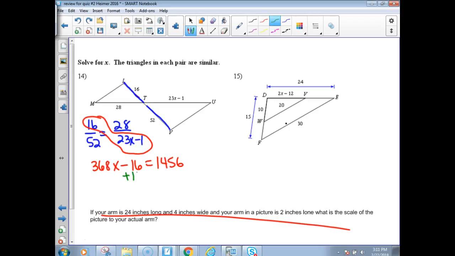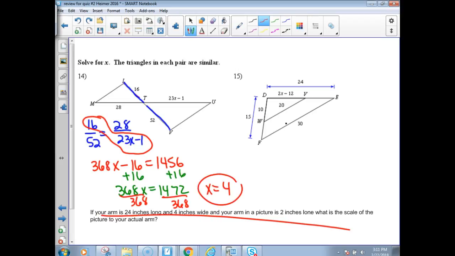Now we need to add 16. And then we'll have to divide by 368. So 1472. And we got to divide that by 368. Wow. All those big numbers just to get a little old 4. All right. Imagine that. We can find it.